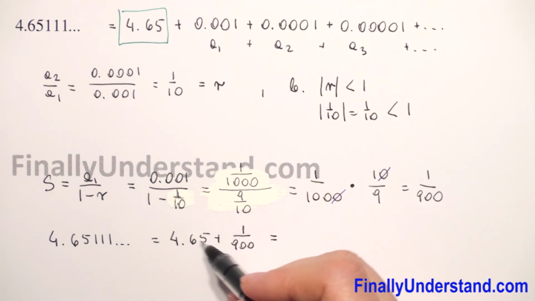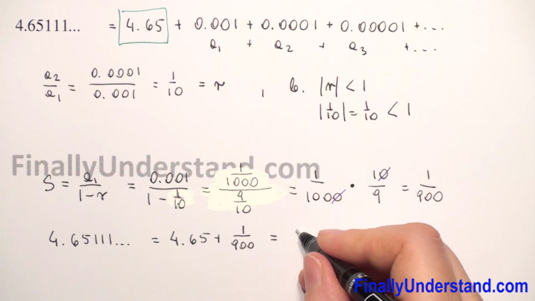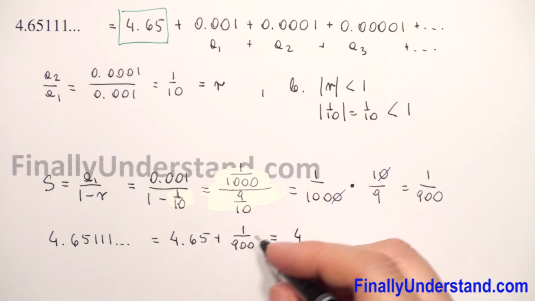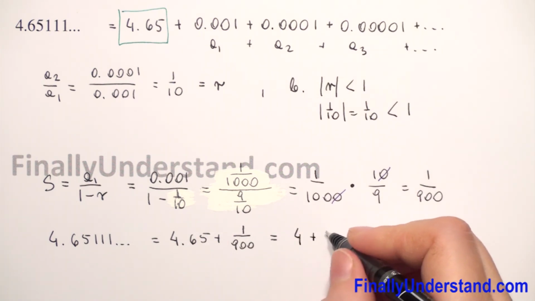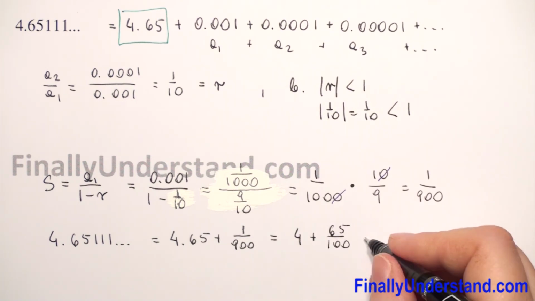We will change this decimal number to a fraction, so this is equal to 4 plus 65/100 plus 1/900.